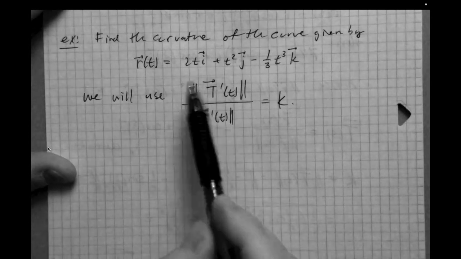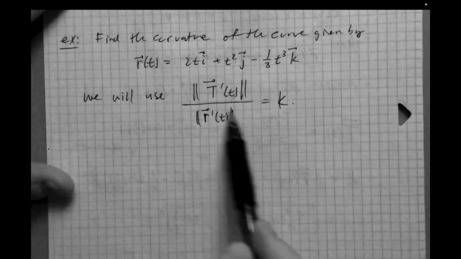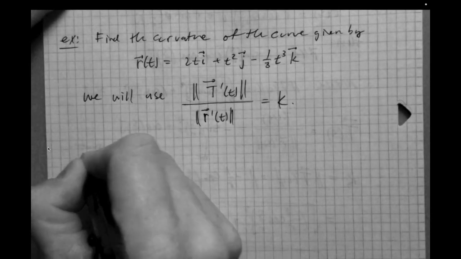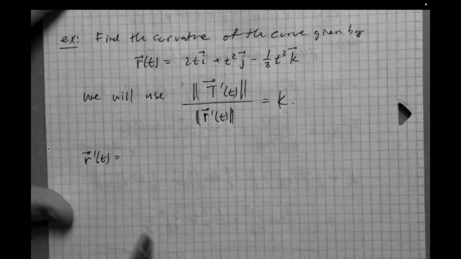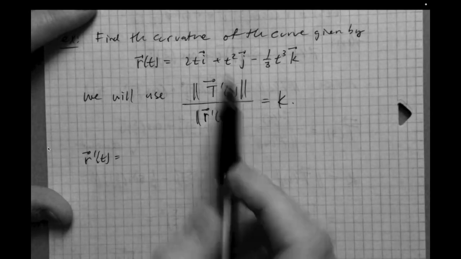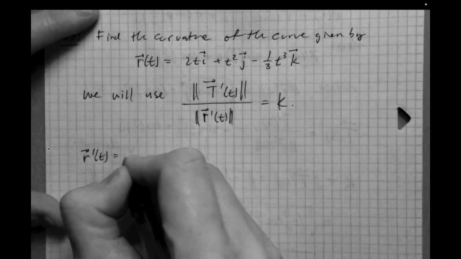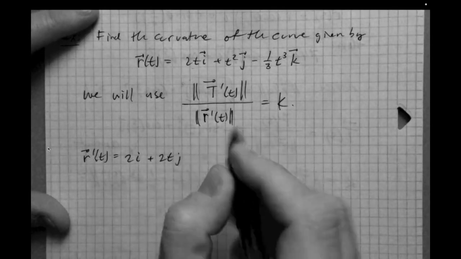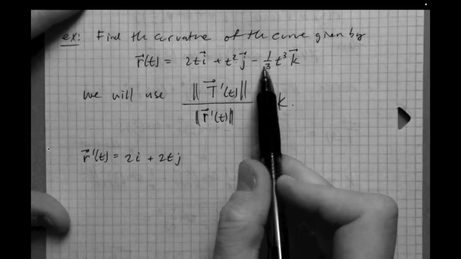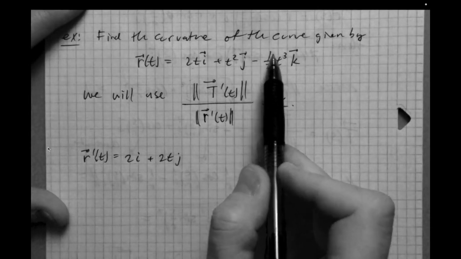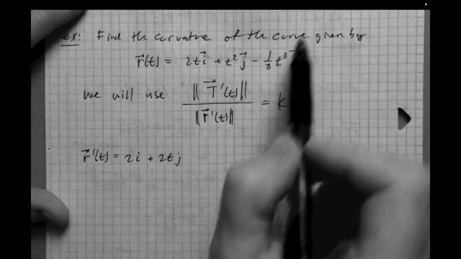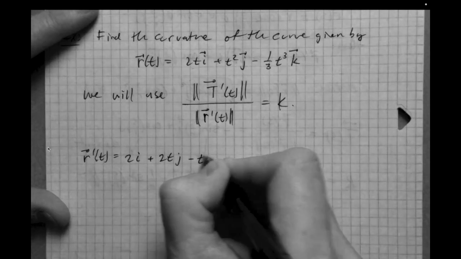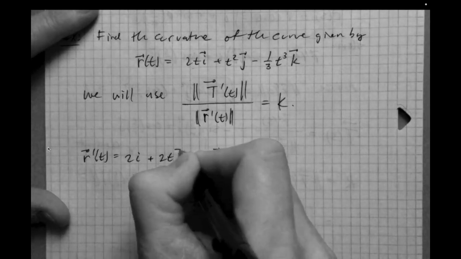We're going to need the derivative of r to start with, because that's required to find T. So r prime of t is the derivative we're interested in. We differentiate this and we get 2i plus 2tj. And then what happens here? Well, this would be minus a third times 3t squared, so this is just minus t squared k.